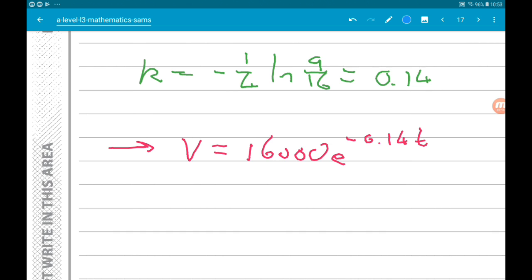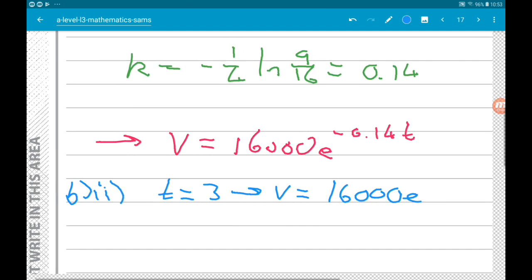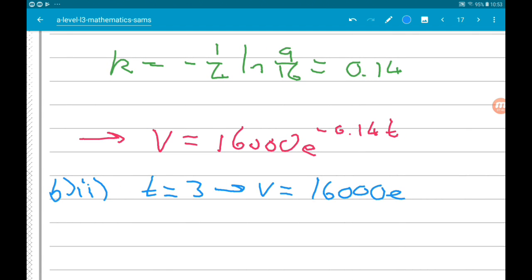So t equals 3 gives V is equal to 16,000 e to the minus 0.42.